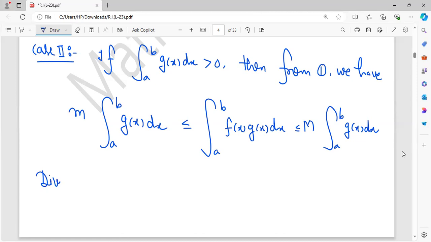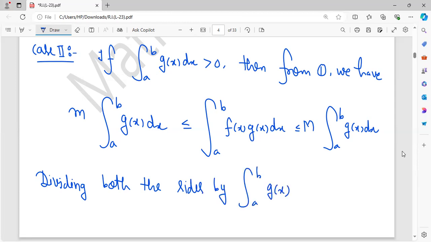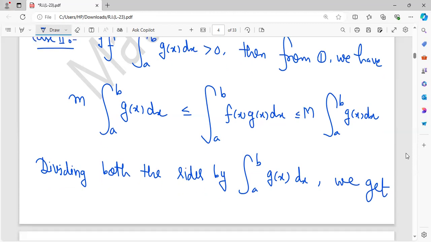So dividing both the sides by the integral from a to b of g(x) dx, because this integral is greater than 0, we are dividing by a positive quantity, so the inequality will not change. So what we get?